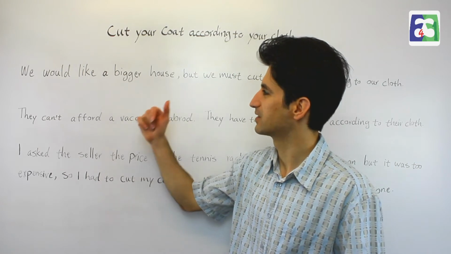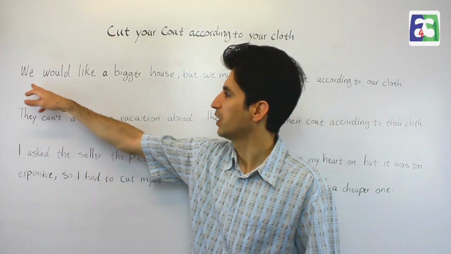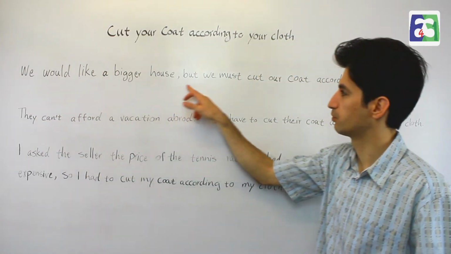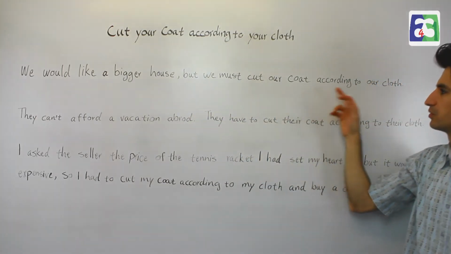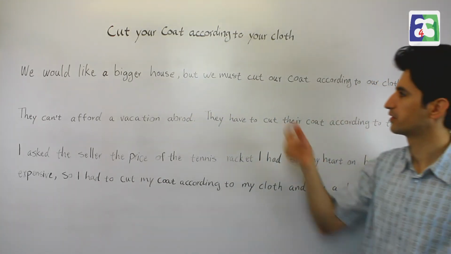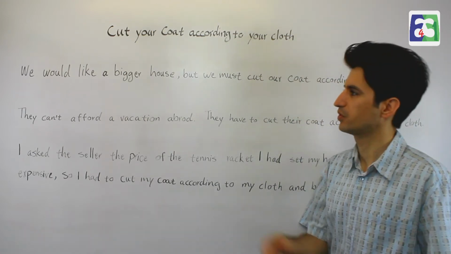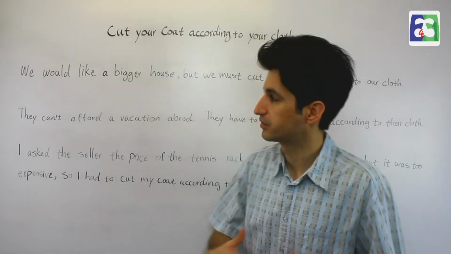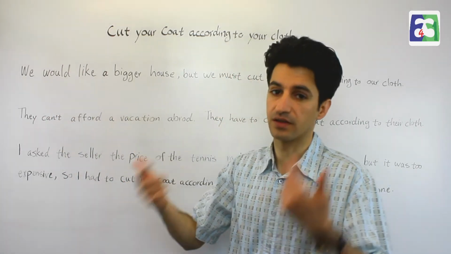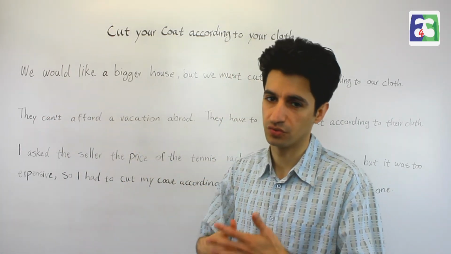Okay, so let's look at the examples over here. "We would like a bigger house, but we must cut our coat according to our cloth." Over here I've got our coat, our cloth, because we are talking to ourselves. We would like, and then we say we should do this, we should not do that.